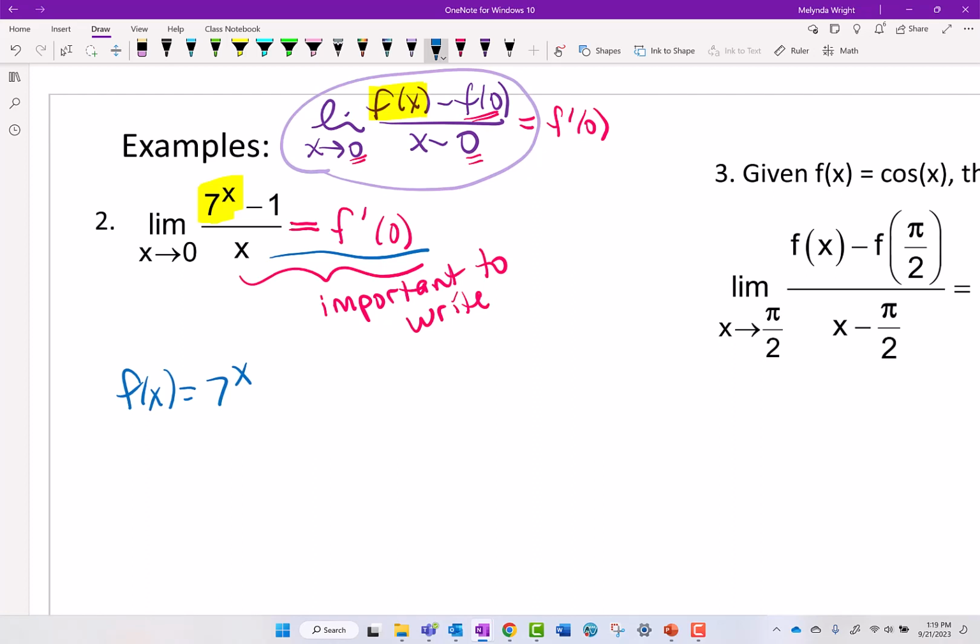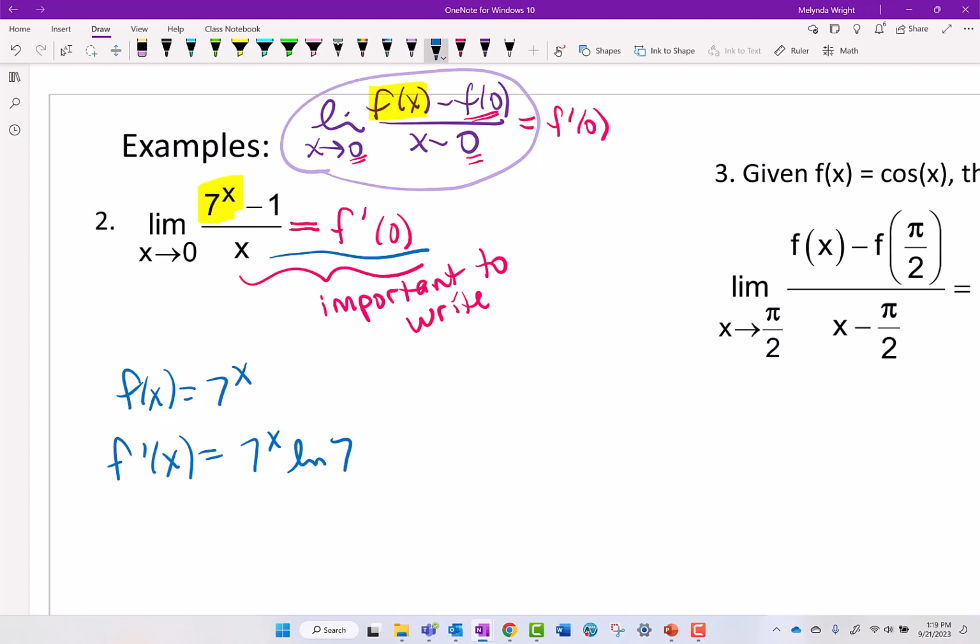So we're going to do a shortcut way by recognizing what this is, the definition of the derivative. We're going to pull out the f, and we're going to take the derivative of it. And that's one of the new formulas that we just had up above. The derivative of a to the x is a to the x, ln a. So the derivative of 7 to the x is 7 to the x, ln 7. Now, what are we supposed to do with the derivative once we have it in this particular case?